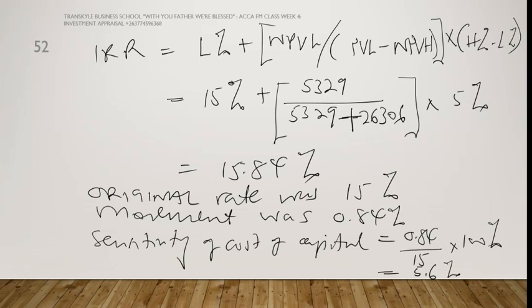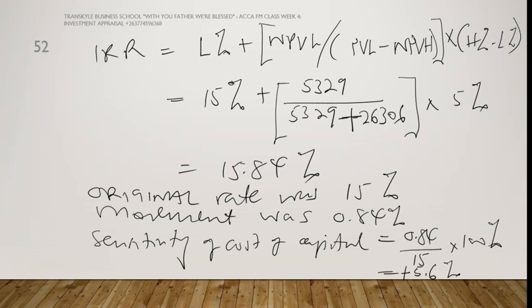So this is the sensitivity of the cost of capital, which means that if the cost of capital increases by 5.6%, then our NPV is going to be 0. Why? Because IRR is the rate at which the NPV is going to be 0.